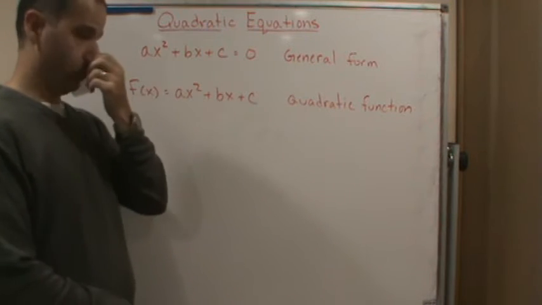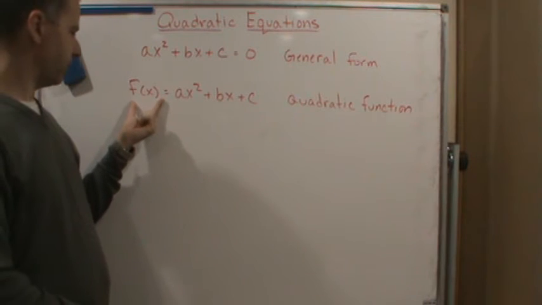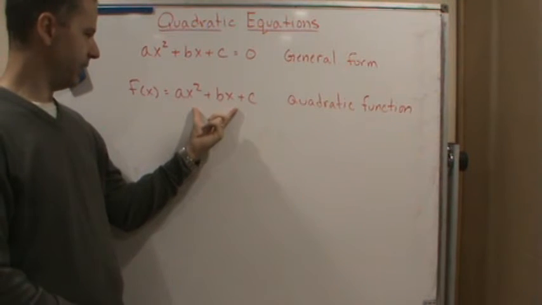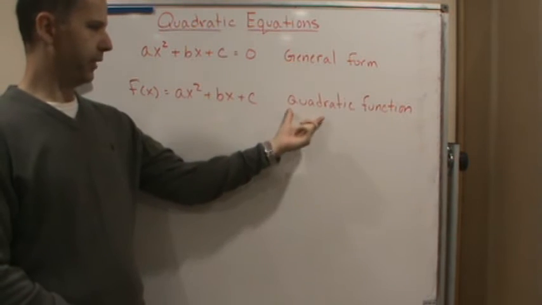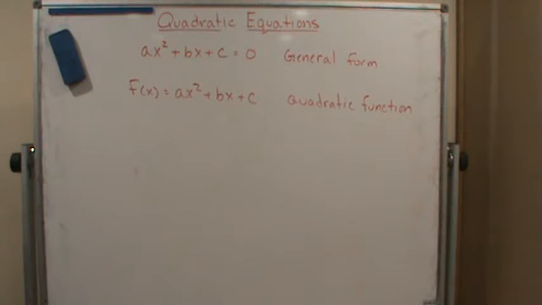So it's got one unknown, which is x. Now, if we write it as a function, so a function equals a quadratic expression, we call that a quadratic function. So very straightforward and simple.